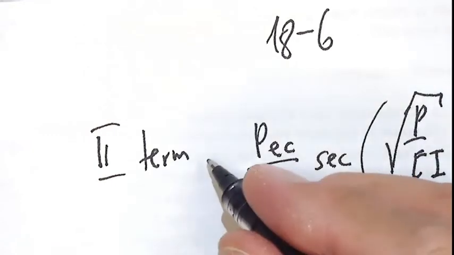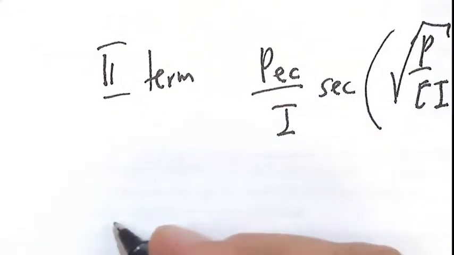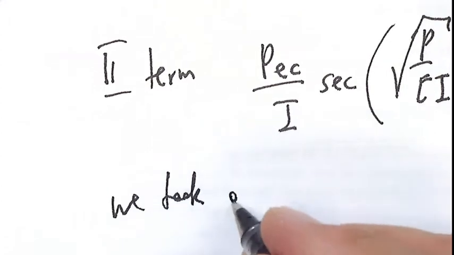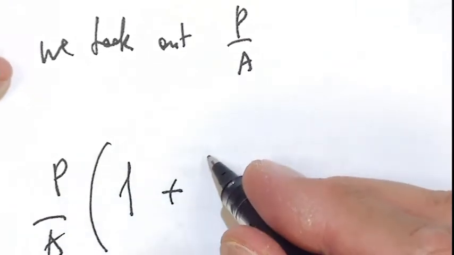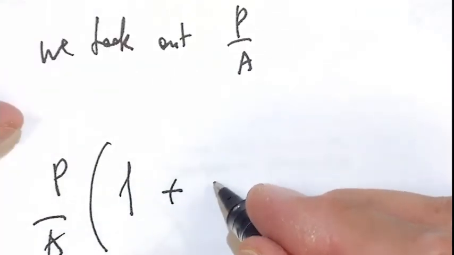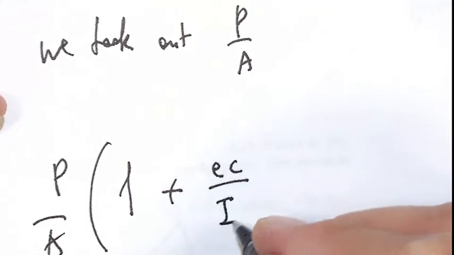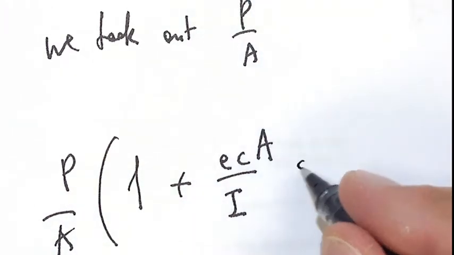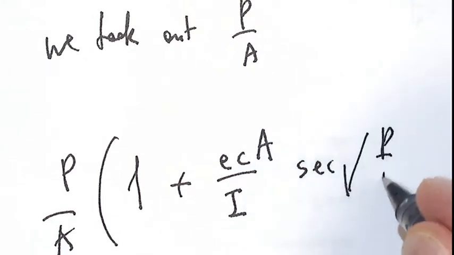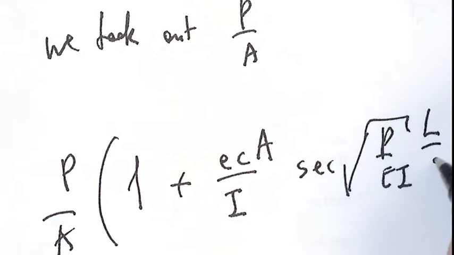Now we took out P over A. So what we get is P over A times 1 plus, there is no P since we took it out, then e c, I, and there should be A here because I took out A. If I multiply back, P and A cancel. Then the secant of square root of P over EI times L over 2.